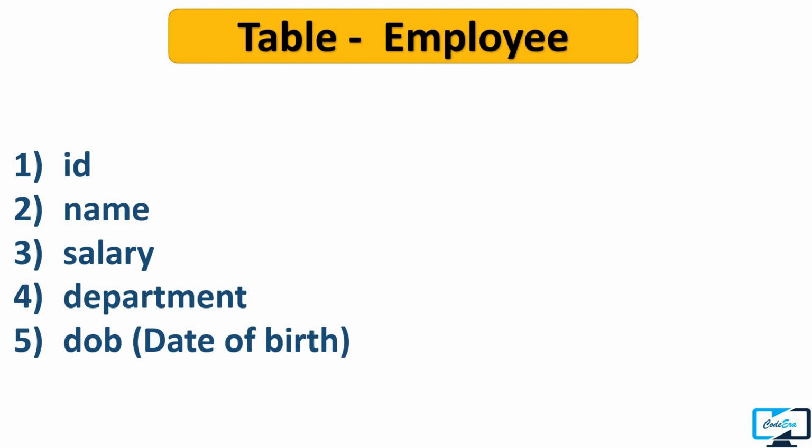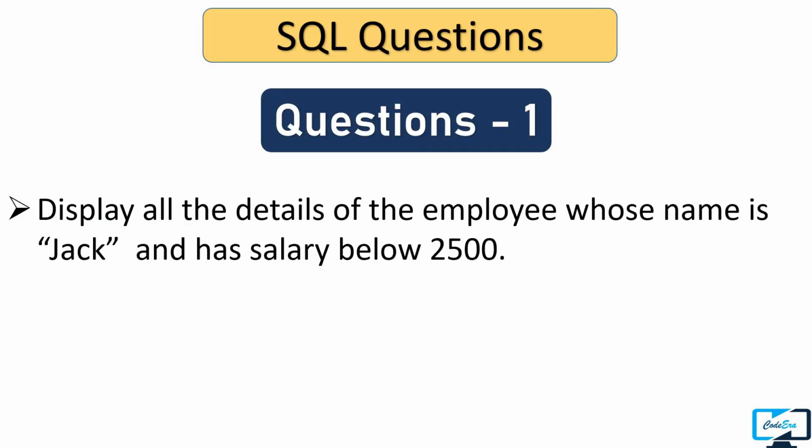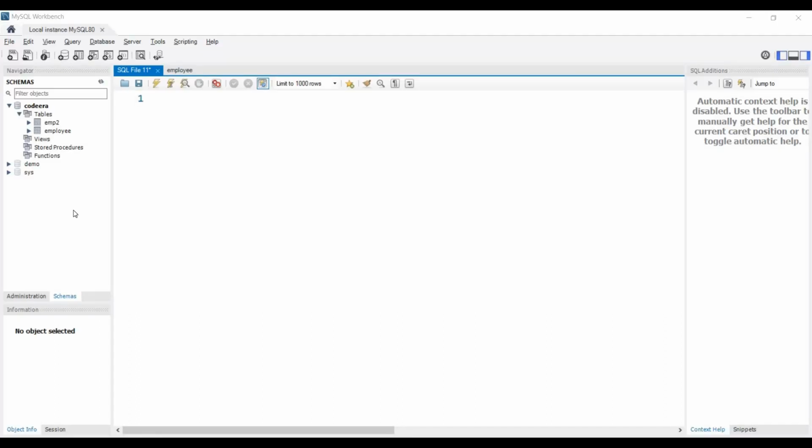So guys, in our employee table we have these 5 columns, which are ID, name, salary, department and date of birth. Our question is to display all the details of the employee whose name is Jack and has salary below 2500. To solve this question we will write select star from employee where name equal to Jack and salary less than 2500.